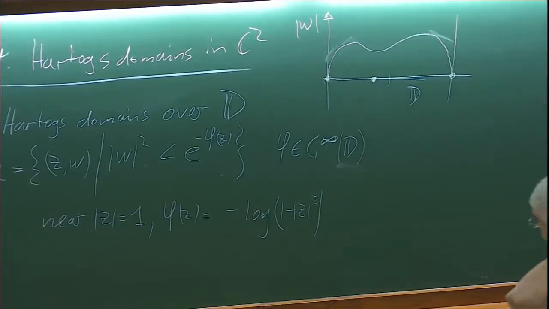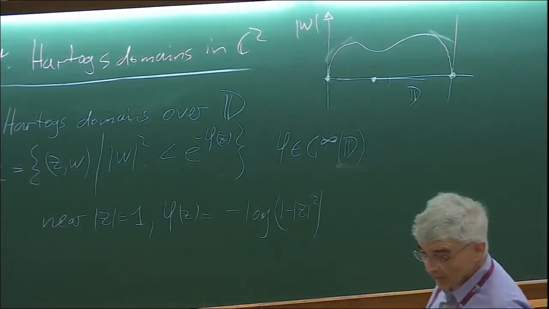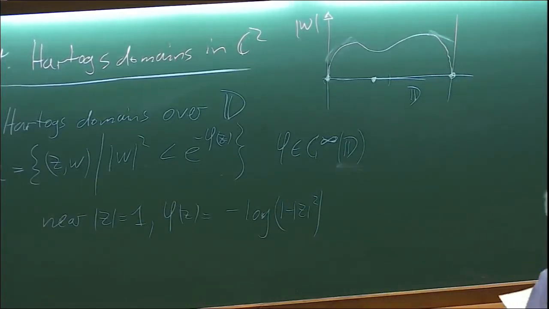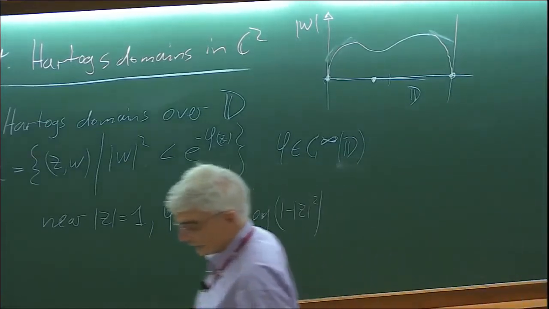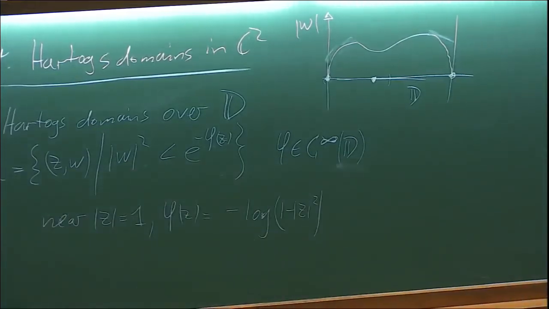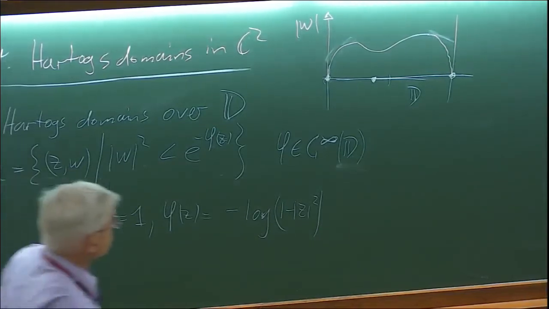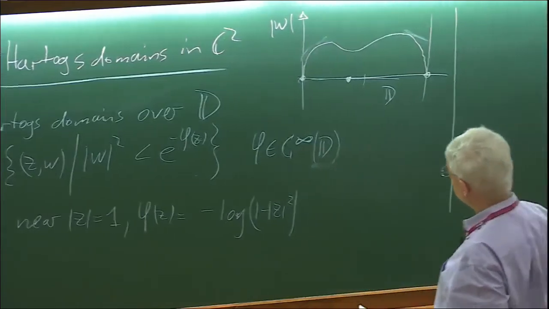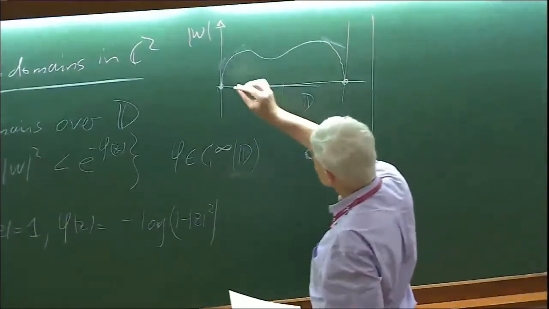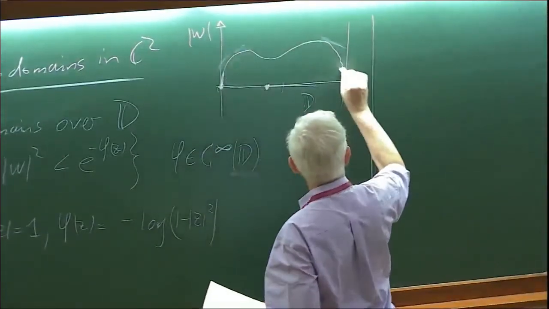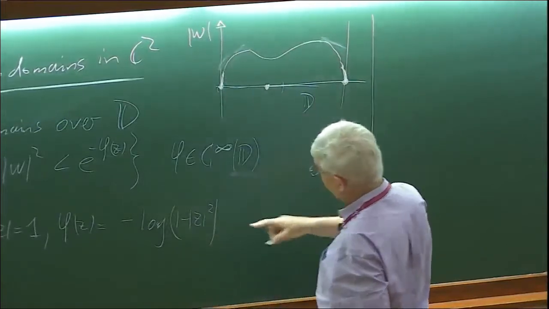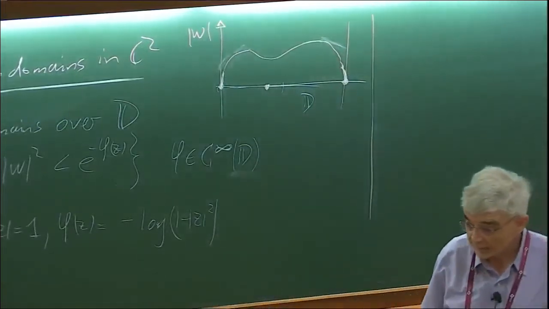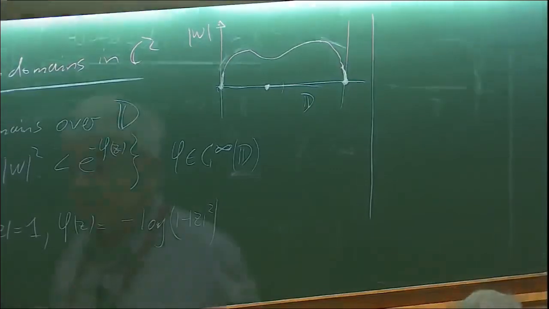Well, now, I would like the domain to be pseudoconvex. So let's compute what this means. Now, it's not going to be a problem here in these parts where the domain looks like the ball. Those points are pseudoconvex points.